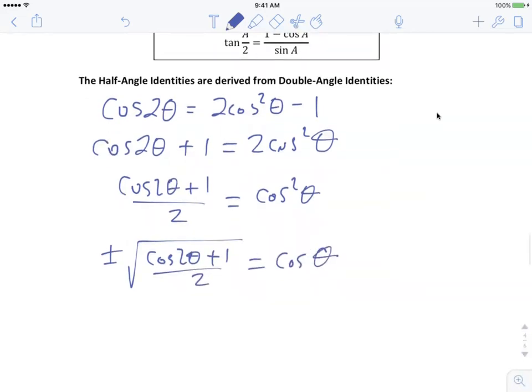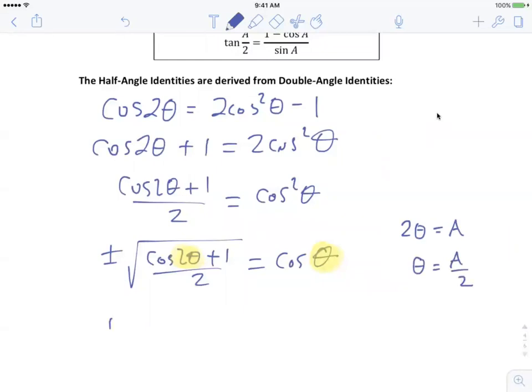Okay, so I just manipulated the double angle identity. And now notice the angles. So you have this angle here and then a 2 theta there. So notice that this one is just half of that one, right? So I could do a little substitution to get the actual identity. I'm going to let 2 theta equal A, or then theta is equal to A divided by 2.